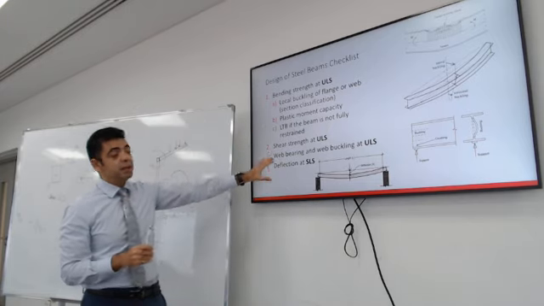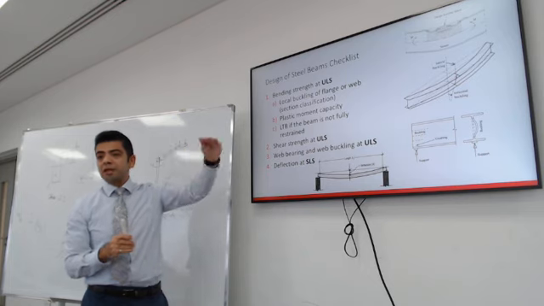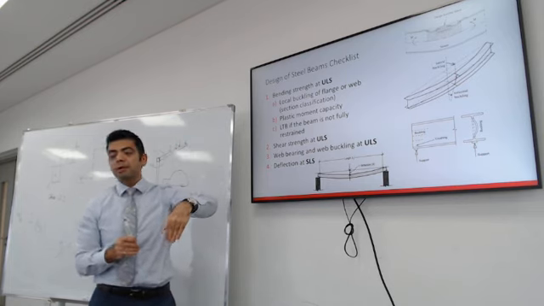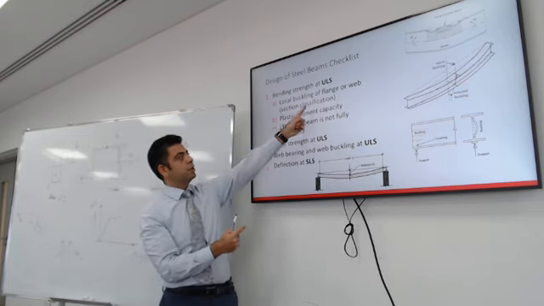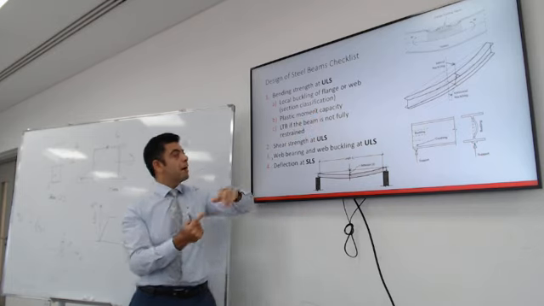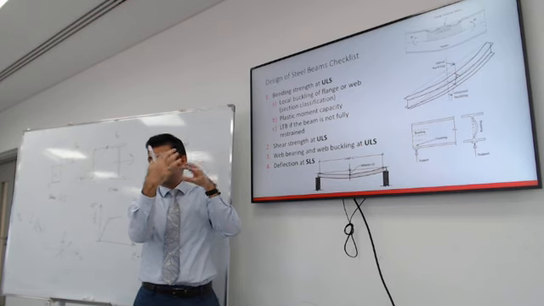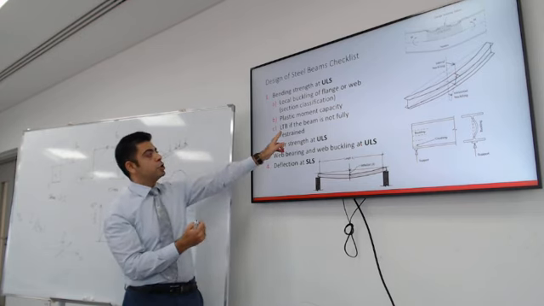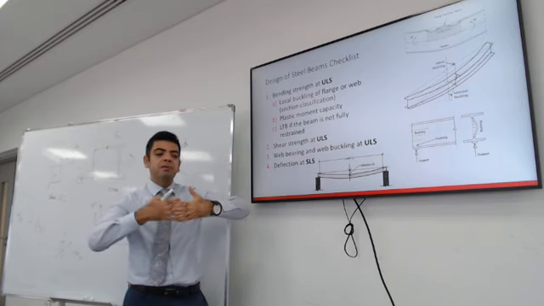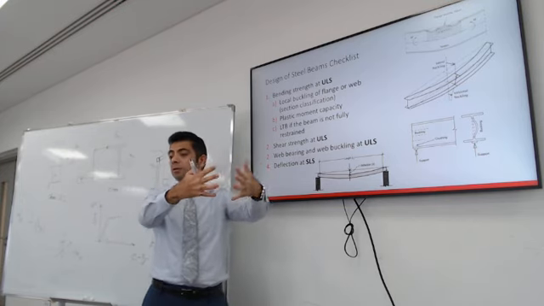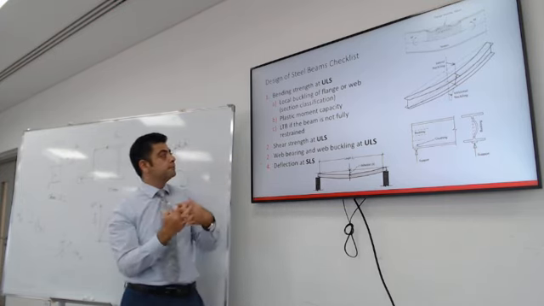This is a list. I need you to go through it, how to satisfy the design of a beam. First, you need to check the section classification. Second step, you get the plastic moment capacity. We already got that. That's M plastic. You check for lateral torsion buckling. That's if the beam is going to deflect or buckle sideways or not.